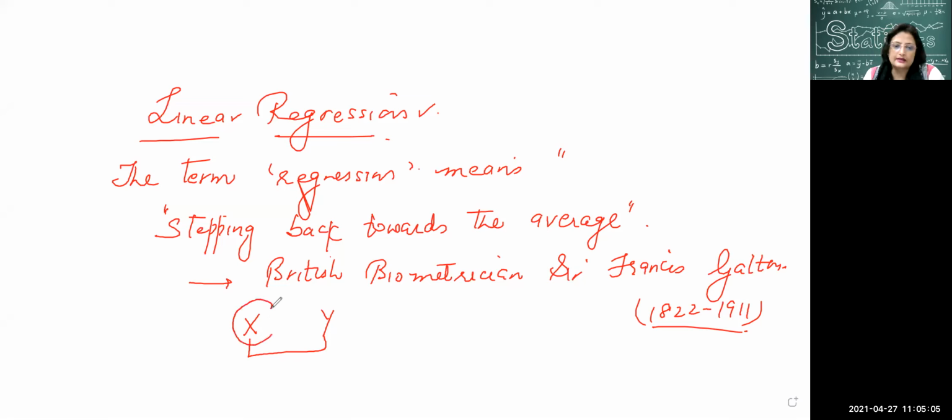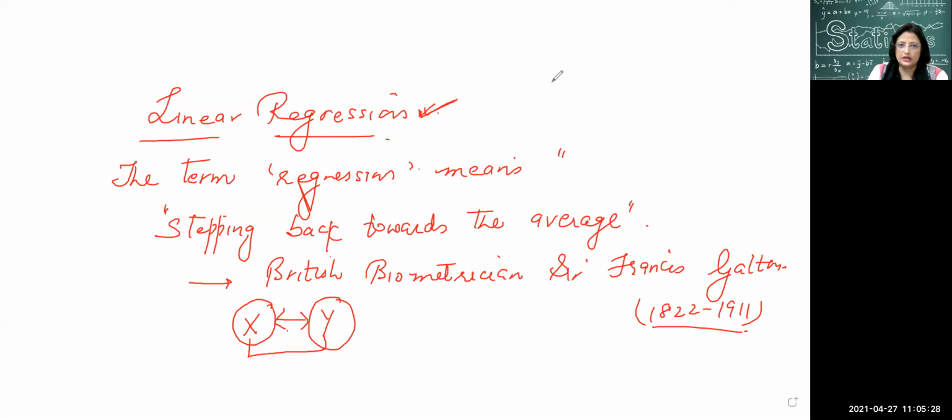Correlation doesn't tell us the exact relation between x and y, which is the independent variable and which is the dependent variable. We can't judge these things through correlation analysis. So that's why the concept of regression has been introduced.